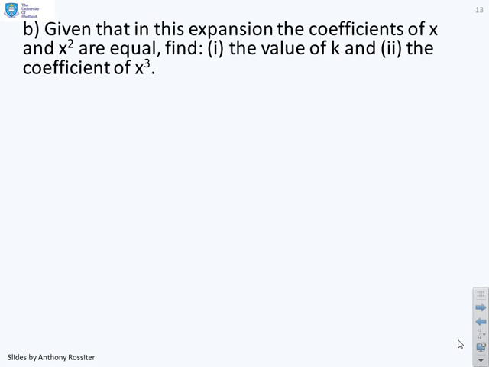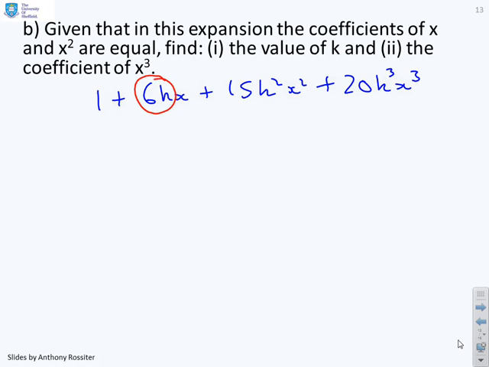Next bit then. Let's just write down what we had from the previous part, because we're going to need this before we continue. So there's what we solved on the previous page. So what does it say? Given that in this expansion the coefficients of x and x squared are equal, find the value of k.